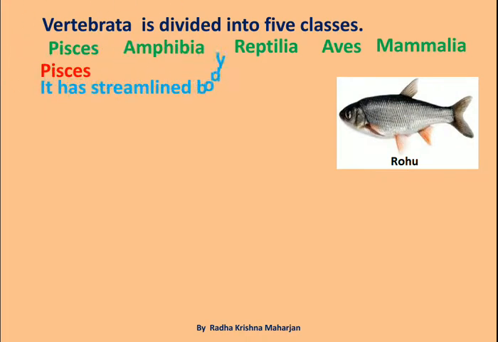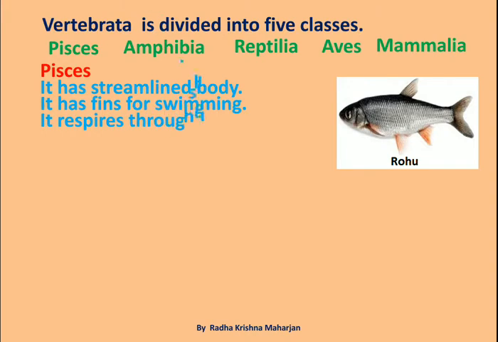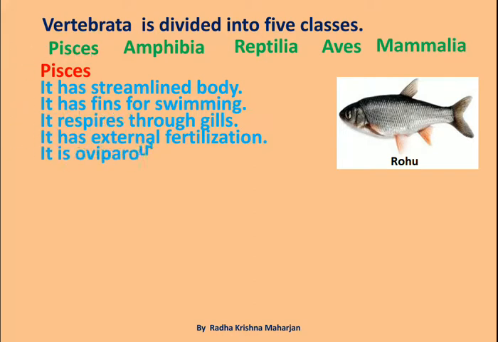It has streamlined body. It has fins for swimming. It respires through gills. It has external fertilization. It is oviparous. Example: asala, rohu, seahorse.